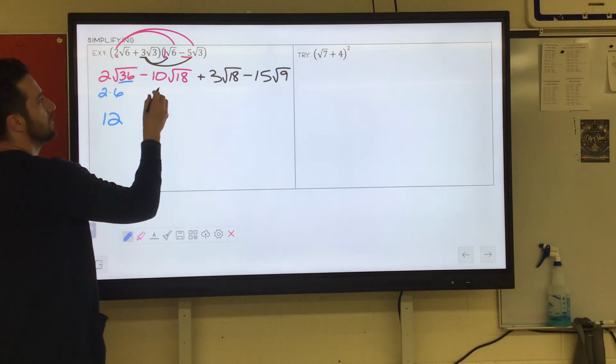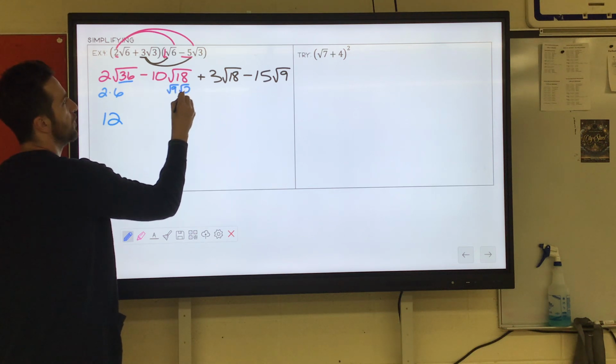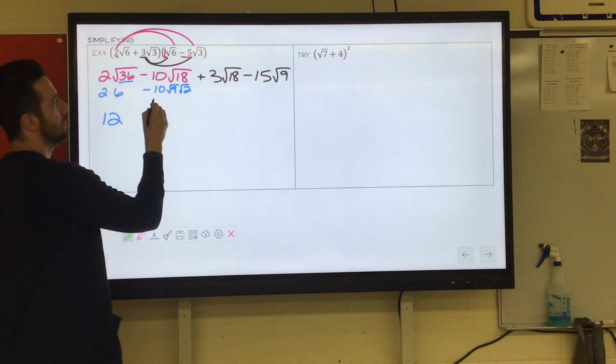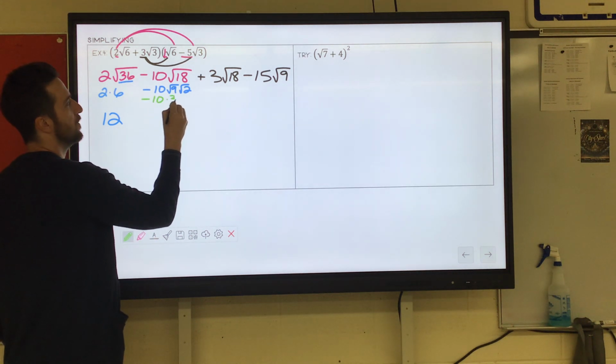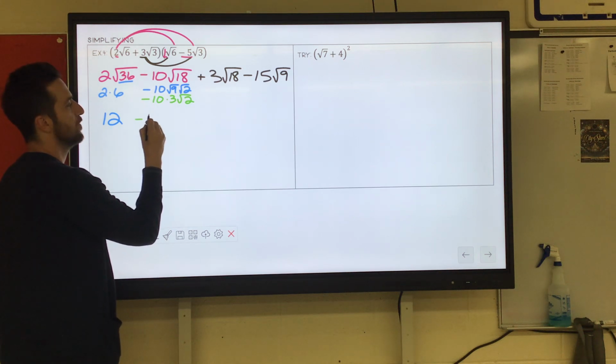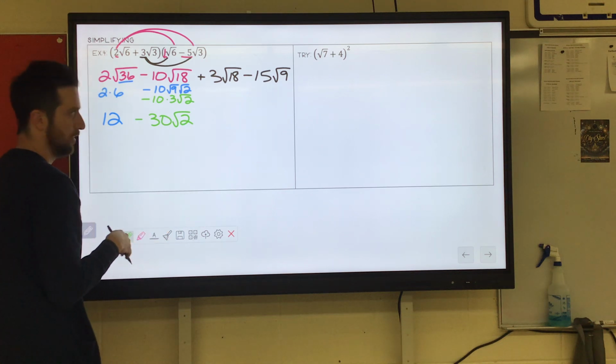You look at the next one, root 18 could be 9 times 2. So the square root of 9 is 3. So we have negative 10 times 3 root 2, that's negative 30 root 2. That's all we can do to that one. We look at the next term.